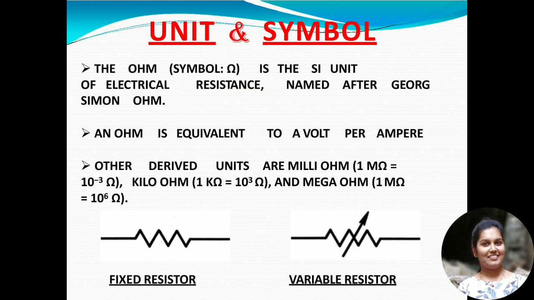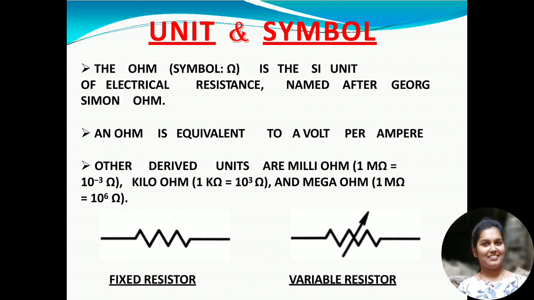An ohm is equivalent to volt divided by ampere. Just now I told you that R is equal to V by I. The unit of voltage is volt and the unit of current is ampere, so the unit of resistance is ohm. So ohm can be written as volt divided by ampere.